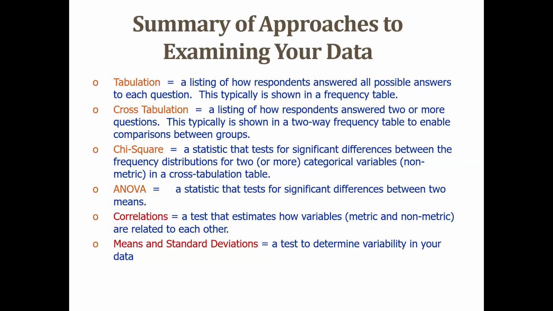Now, correlation. Correlation is used to estimate the association or the relationship that exists between two variables. And it can be metric or non-metric. But for most of the things we'll be doing, we'll be using the metric, which uses the Pearson correlation estimator. It looks at how two variables behave at a time.